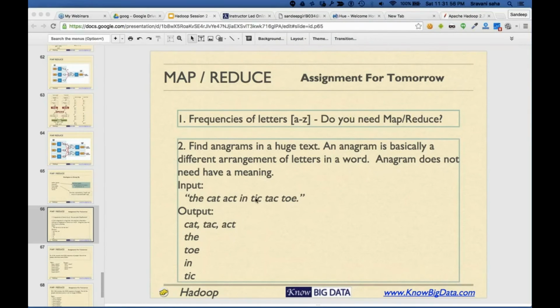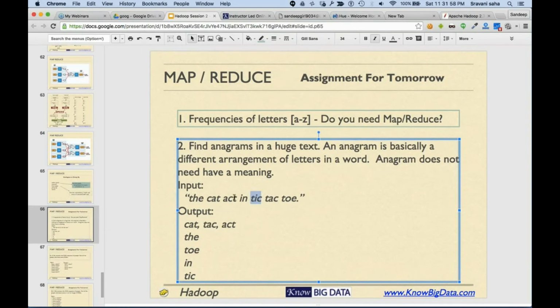So here, act, cat, and tac, these three words are anagrams of each other. They are brought together in a single line, while the other words do not have an anagram present in this text. Anagram is just a different arrangement of the letters. So the does not have an anagram.